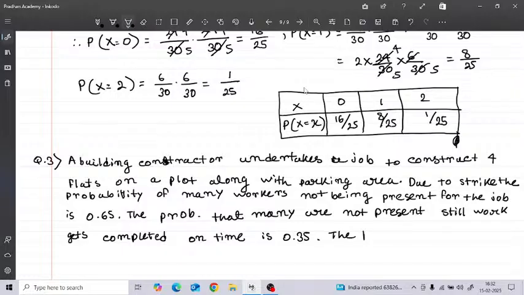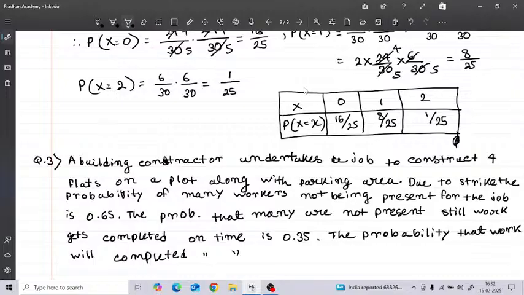The probability that work will be completed on time with all workers present is 0.80.